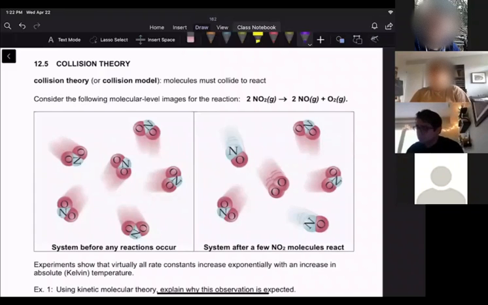They have to have a collision, so they have to be able to find each other. They have to have enough energy in that collision to break a bond so that the atoms can rearrange. And they have to have the correct orientation so that when they have that energy and they break a bond, the products form instead of the reactants just forming again.